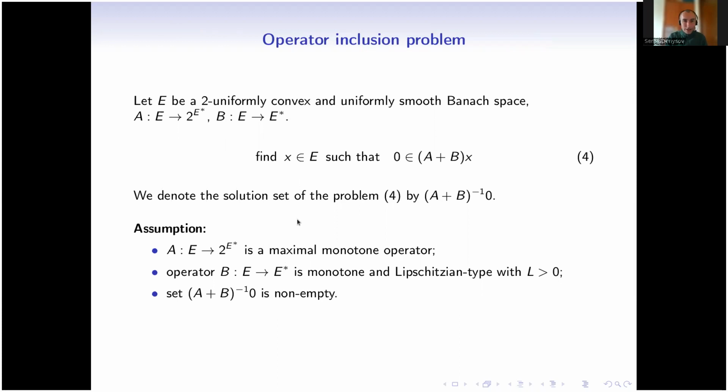Here we see again our settings and assumptions which we need to get our main results. So A should be a maximal monotone operator, B should be a monotone and Lipschitz continuous operator, and the solution set should be non-empty.